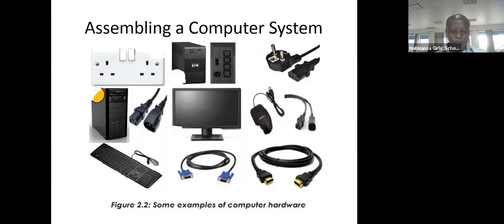Okay, now add computer. A computer system is interconnected parts that work together to achieve a set of objectives of transforming data into meaningful information.